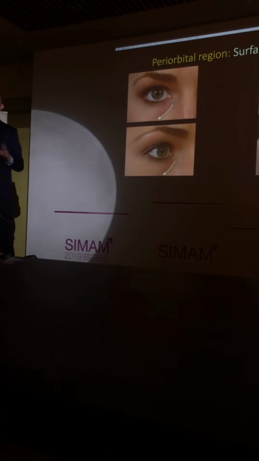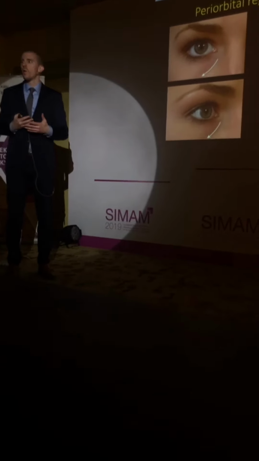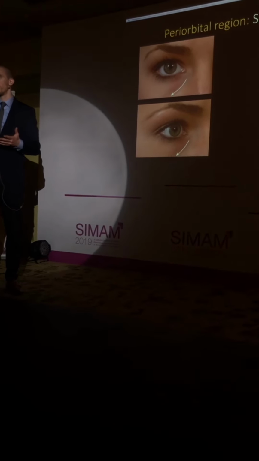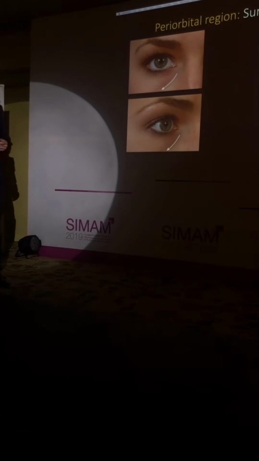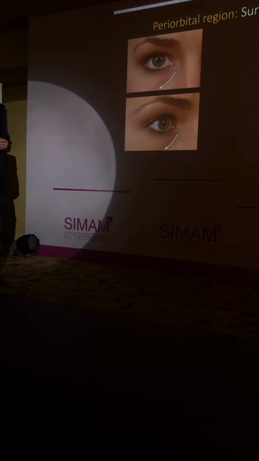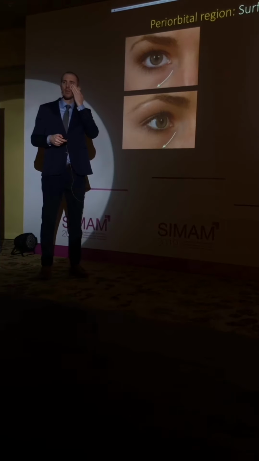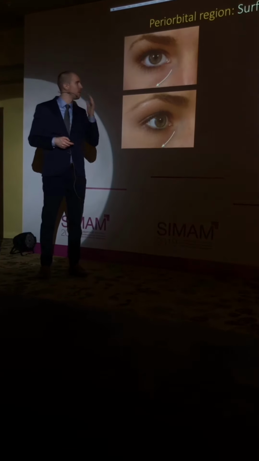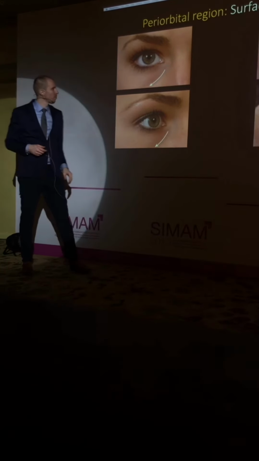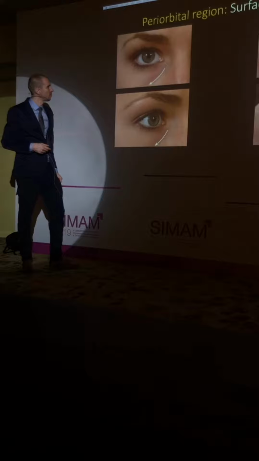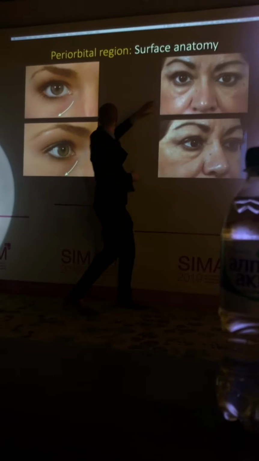The tear trough is a natural anatomical structure. It's just not always so manifested, not so visible. With the aging process, when everything sags, it will be much more visible. What happens during aging?